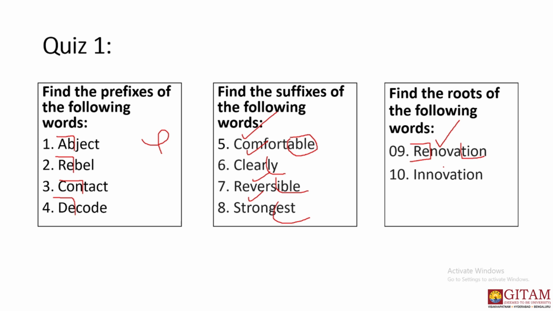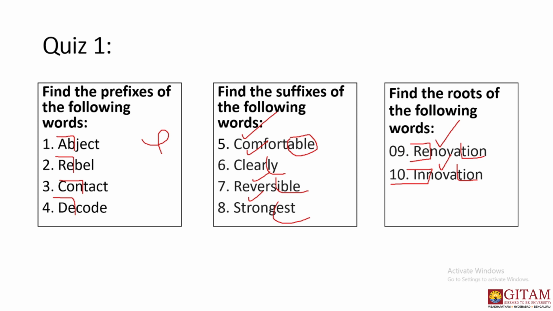That's called your root. Here, the prefix is in, the suffix is shun. Here, this is your root. We haven't discussed the meanings of any words here. For this slide, for now, we only understand that there is something called prefix, suffix, and root.